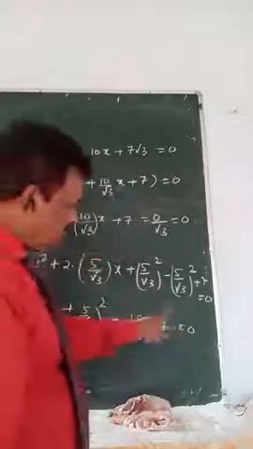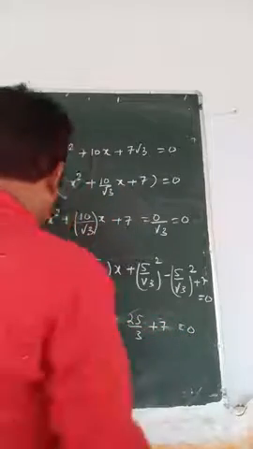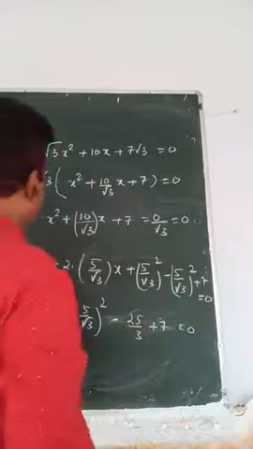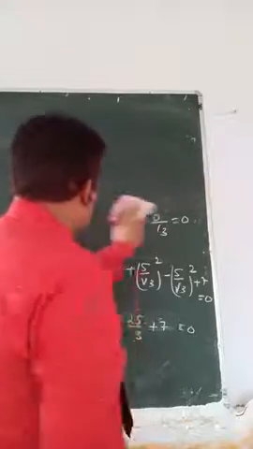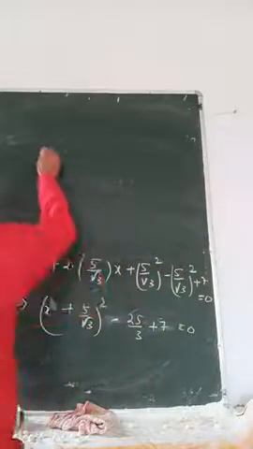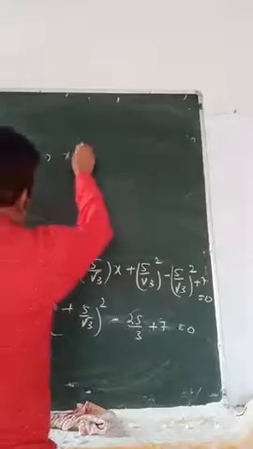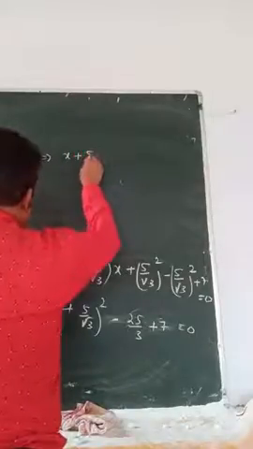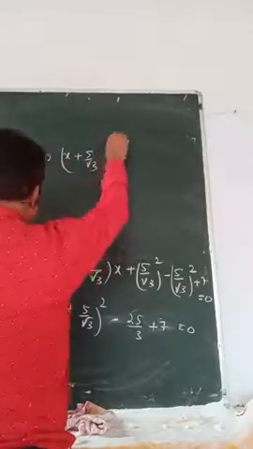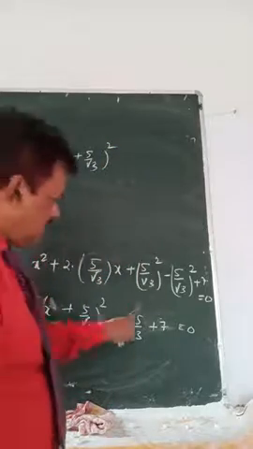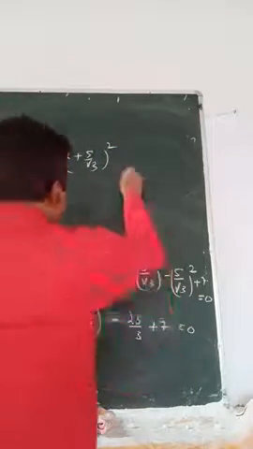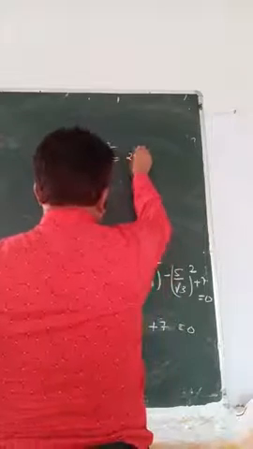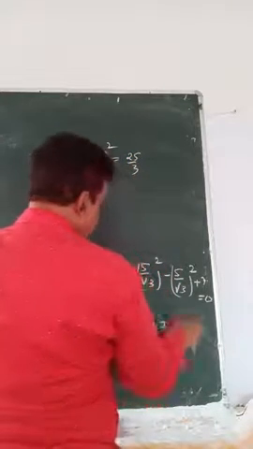Now take this one to that side. So how much you will get? You will get, this will go that side plus, this will go that side minus.